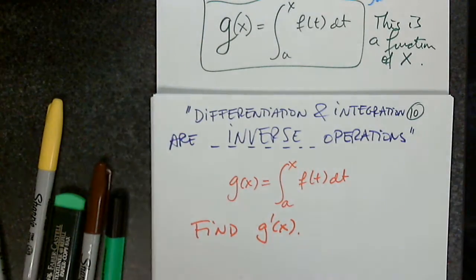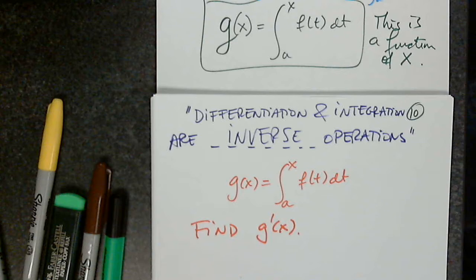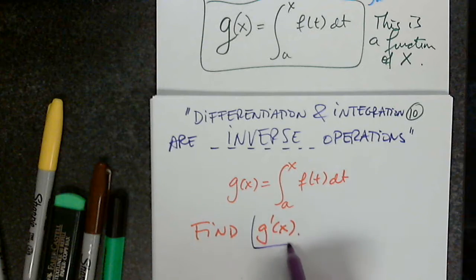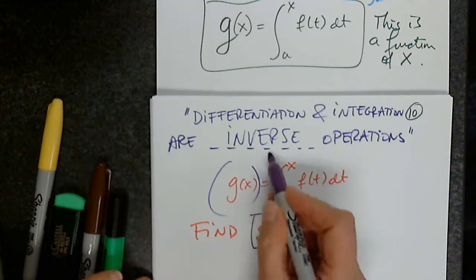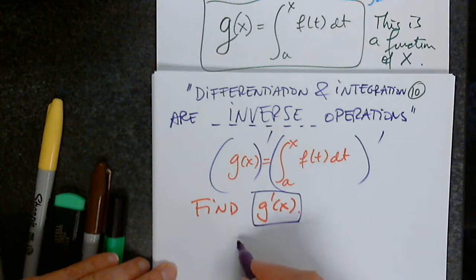What should I do to both sides of this equation in order to get G prime? Differentiate, of course. Let's differentiate both sides. The left-hand side is G prime.